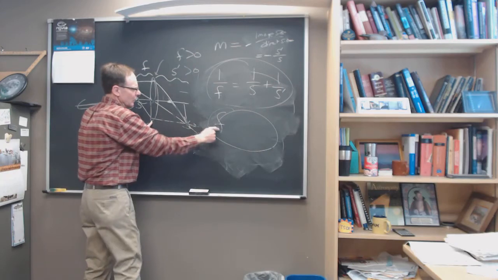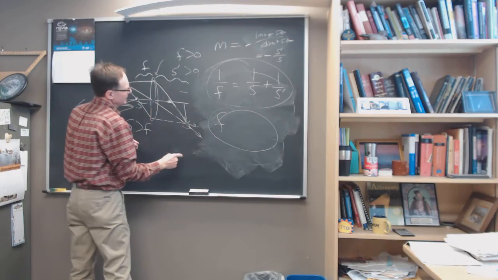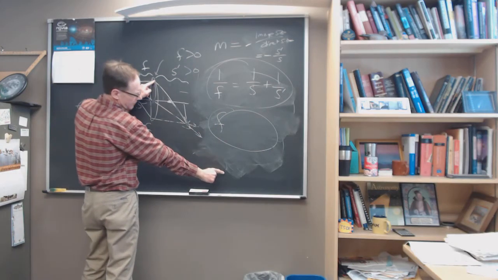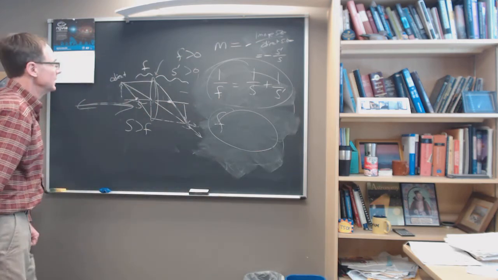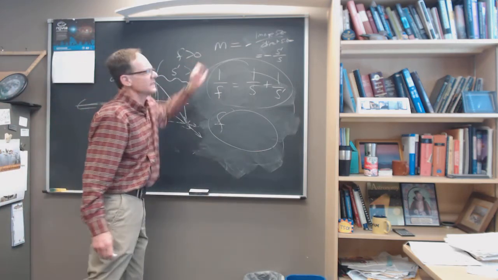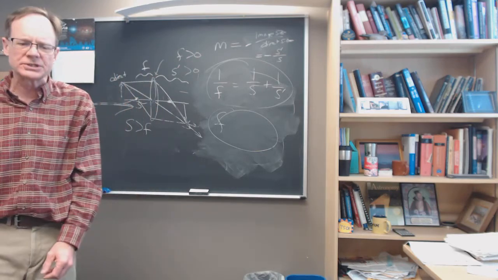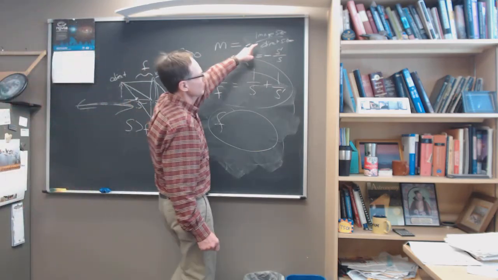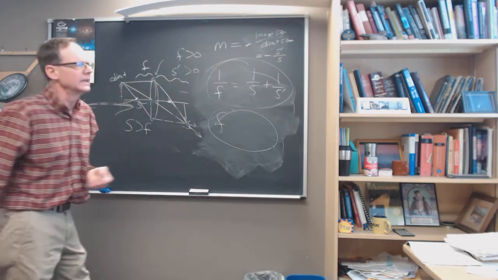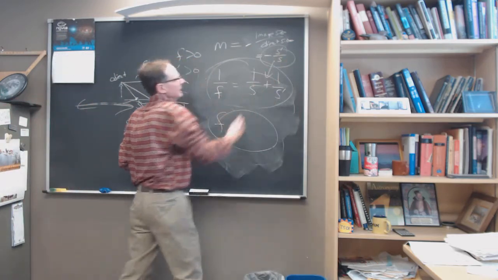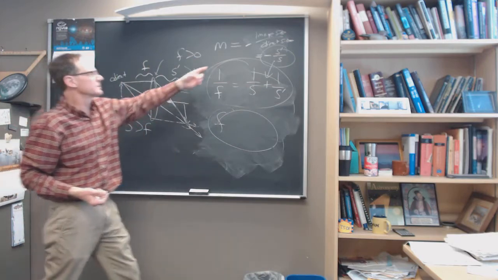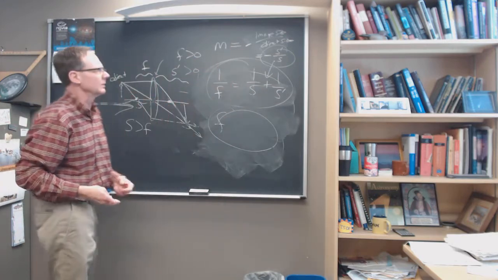As s prime gets way out here, this ray has further and further to go, and you're going to make a bigger and bigger image. So we want to test this image size, object size relationship. You can measure that directly, and then try to compare it to the value that you're getting down here, and see what the difference is between these. Are we getting the magnifications that we would expect to get?